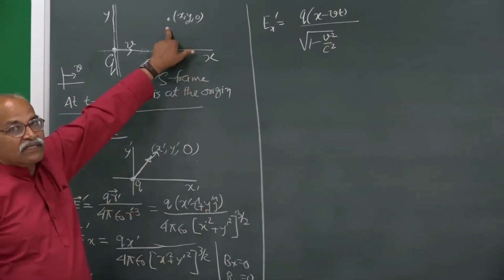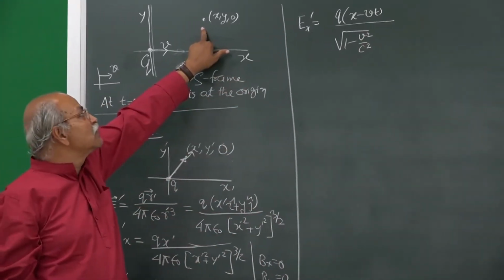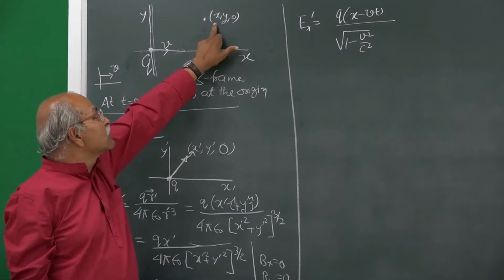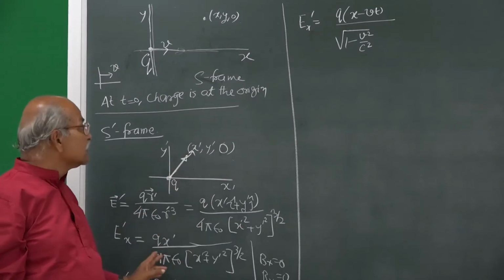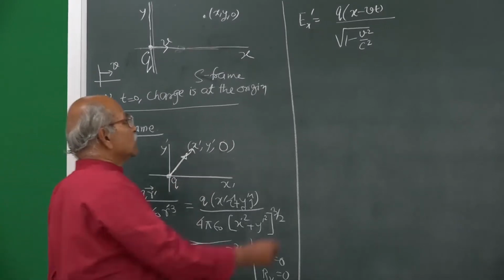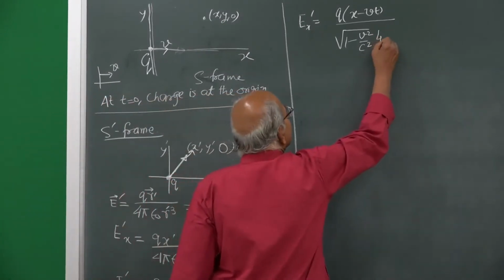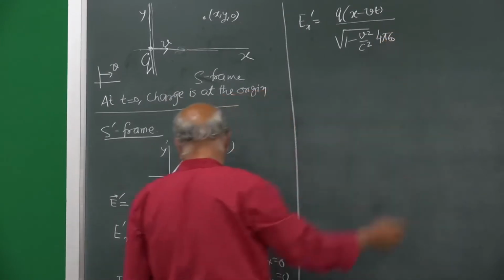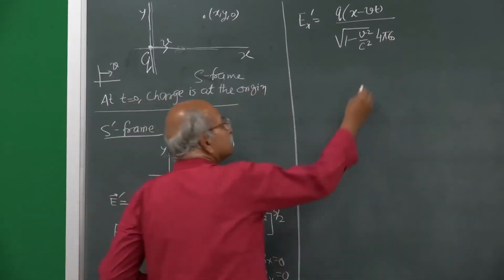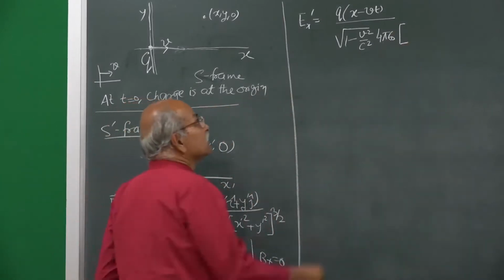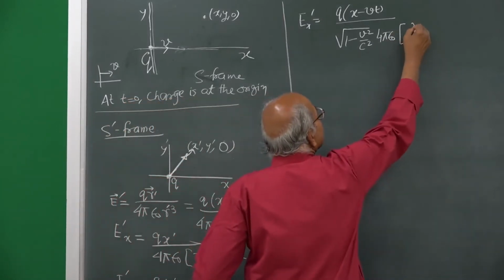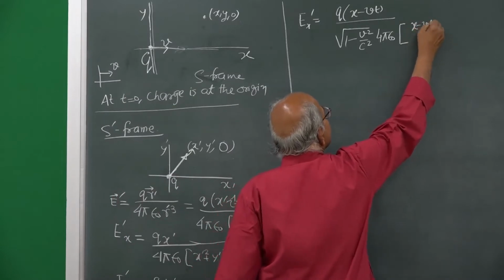Ultimately, I want to reach here, in terms of x y. So, therefore, I am converting things in x y, divided by 4 pi epsilon naught. So, 4 pi epsilon naught here, and then square root of, or square, this bracket x prime square. X prime square is x minus Vt, t is anyway 0.